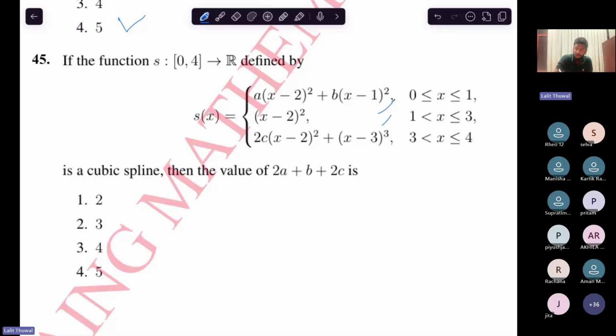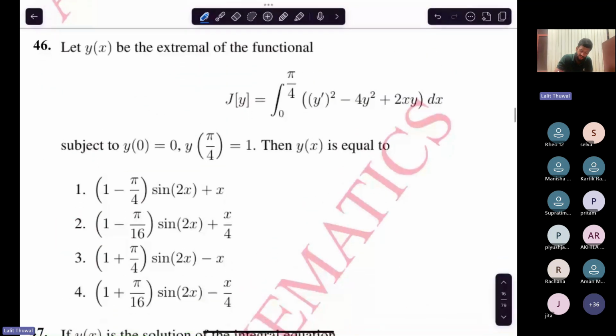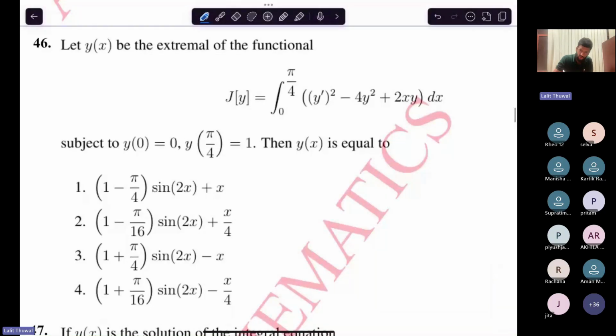If I remember correctly, you can check the properties of cubic spline, and using those you get the equations for a, b, c, and then find 2a plus b plus 2c. For this one, it is very easy: you can use the Euler-Lagrange equation, del f by del y, and you can find the extremal. Not difficult to solve.